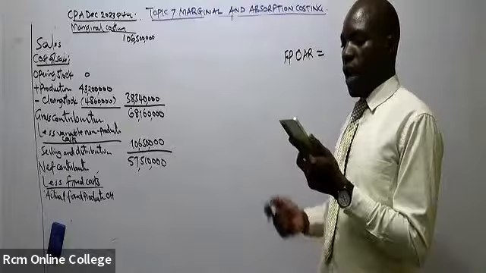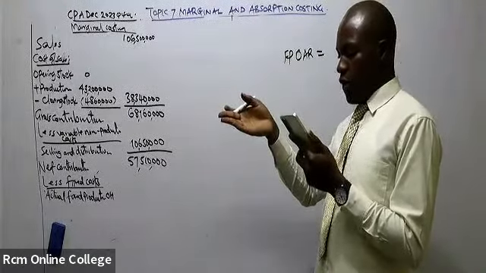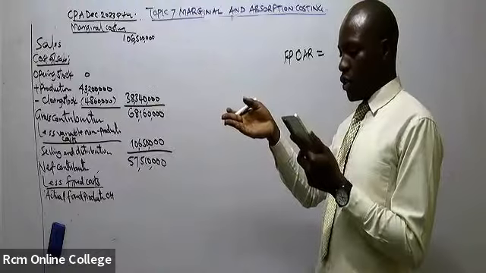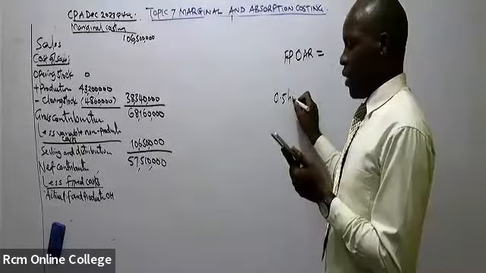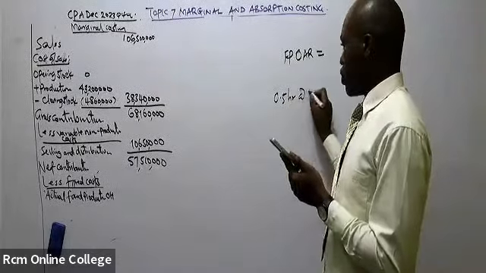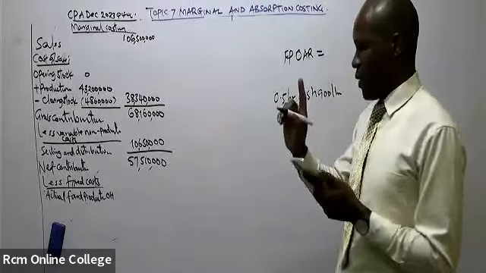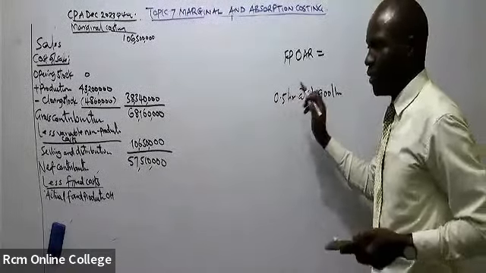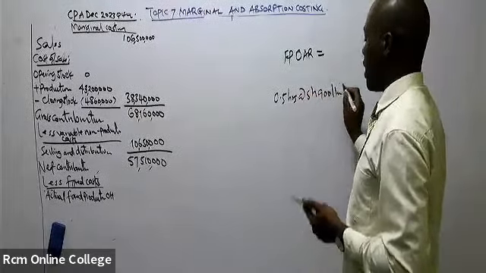People are still lost. I want you to take fixed overheads given in the budget, the standard fixed production overheads as 0.5 hours at 900 shillings per hour. That is step number 1. Now, this is the budgeted 0.5 hours at 900 shillings per hour.